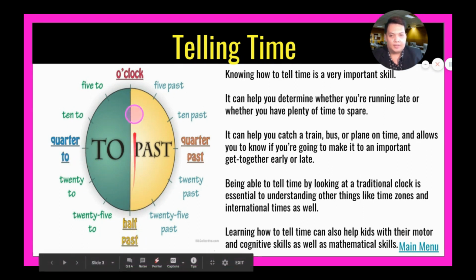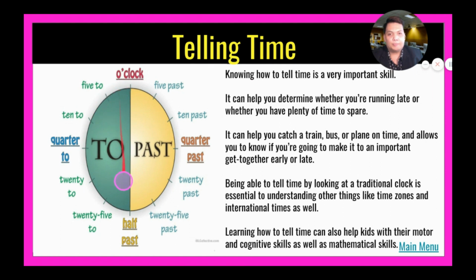With half past, it's 30 minutes. So half past, half the clock has passed already. So it's half past 10 in the morning. If the minute hand is pointing here, you'll say it's quarter to 11 in the morning.